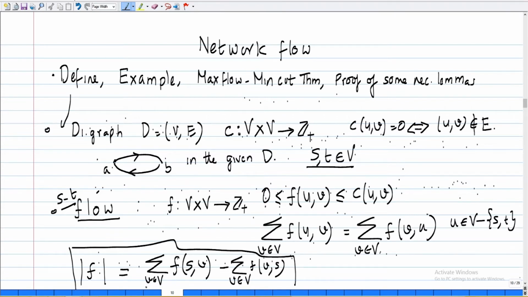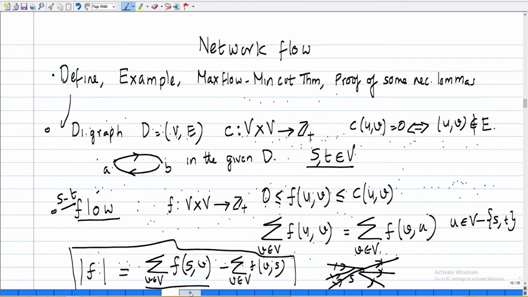If you look at S and you look at the edges which are oriented out of S and the edges which are oriented into S, the value of a flow is the sum of the flow on these edges, and the sum of the flow on the incoming edges is subtracted from this. That's what this term basically says.